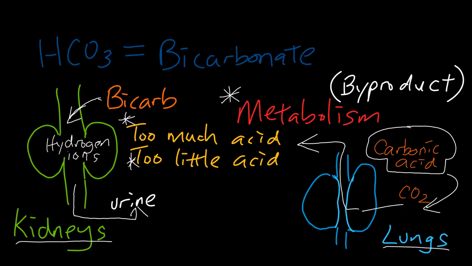In this way, the lungs and the kidneys are always working together to balance the pH. The lungs work a lot faster than the kidneys. Usually the lungs can correct the imbalance almost immediately, whereas the kidneys can take a few days to do that.